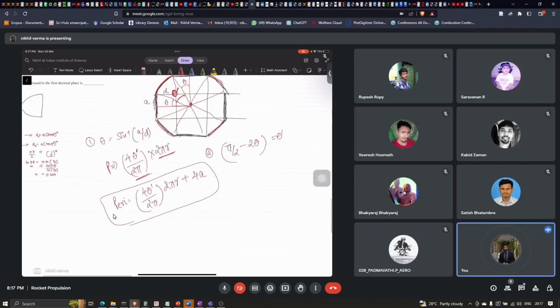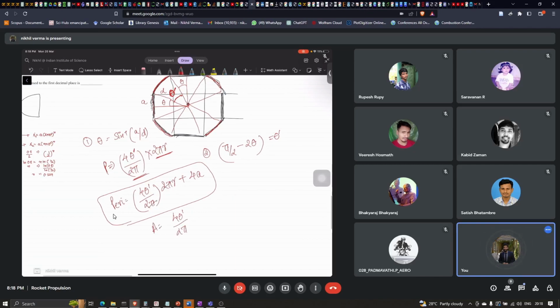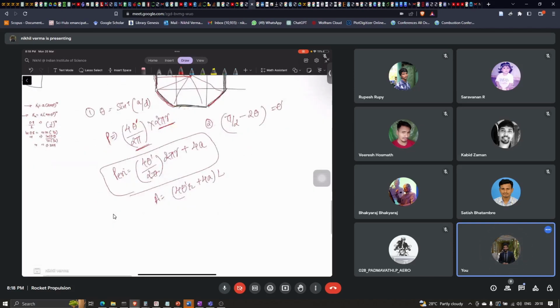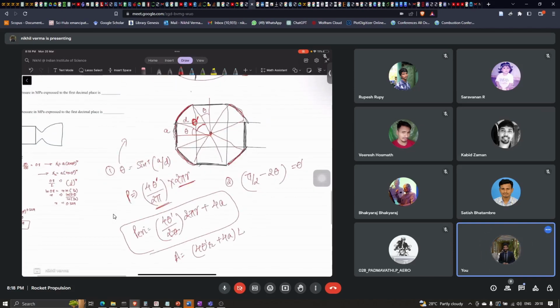Okay, so the net area will be 4 theta dash, 2 pi will be cancelled. So it will be 4 theta dash r plus 4a, into the length. If we think of it in a simpler way, theta prime is the angle, so the arc length is simply theta prime into r.